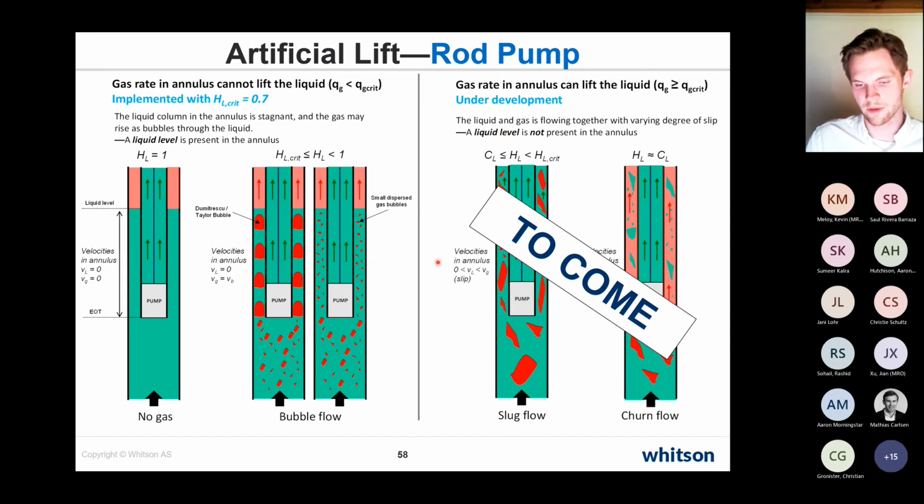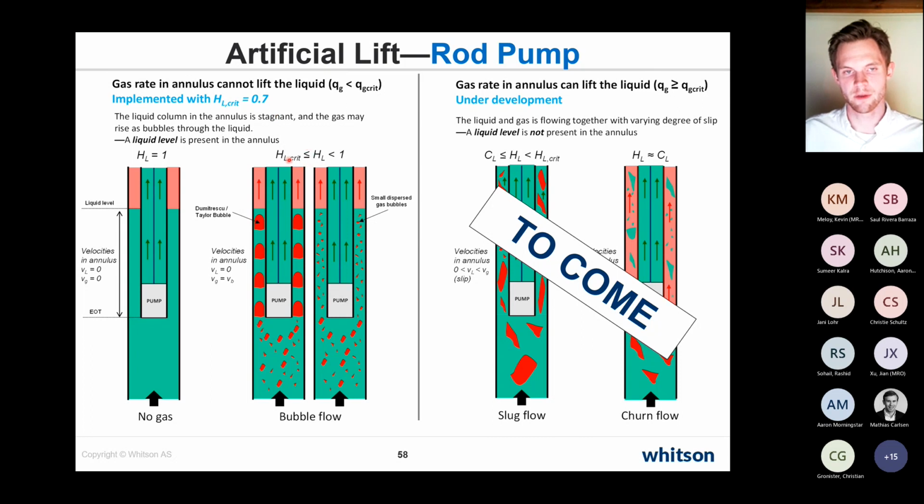And the critical point, if you will, call it the critical gas rate maybe, finding that and finding where you switch from this side of the picture to that side of the picture is something we're currently developing. Right now, we've just set the critical liquid holdup to 0.7.